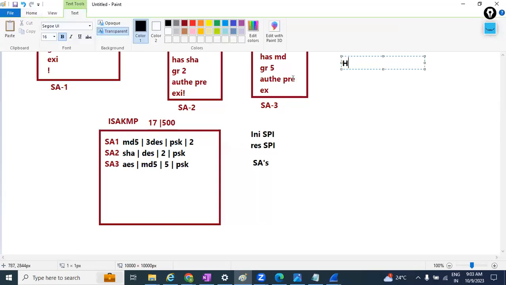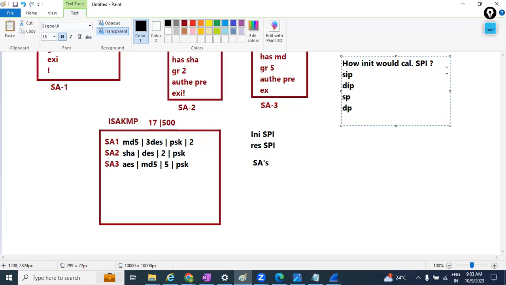The question is how the initiator would calculate the SPI. Can you note it down? How it would calculate SPI. It would use source IP, destination IP, source port, and destination port.